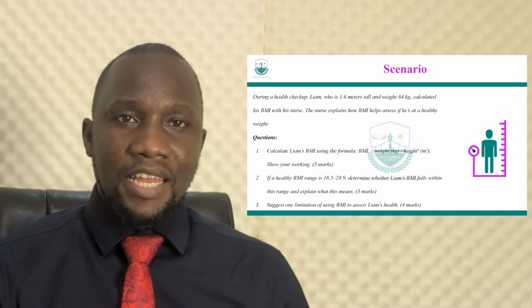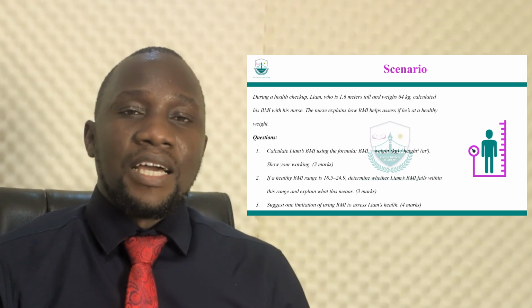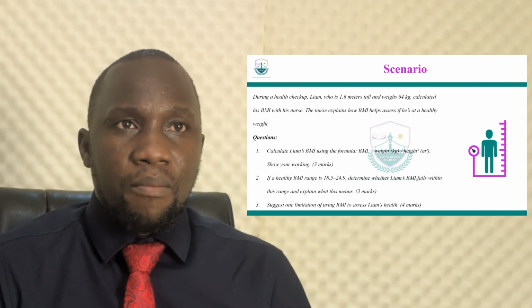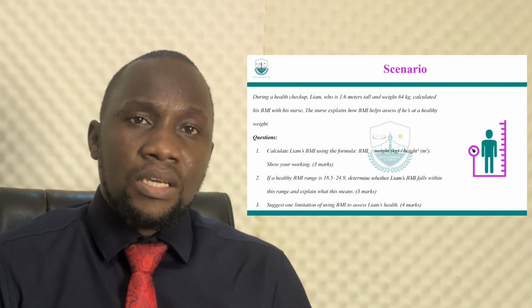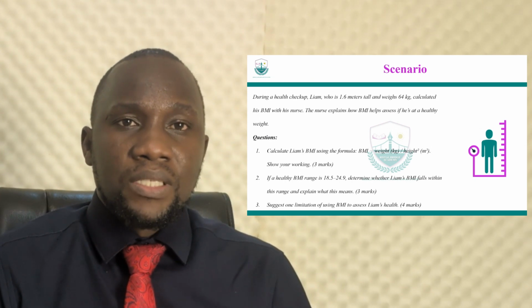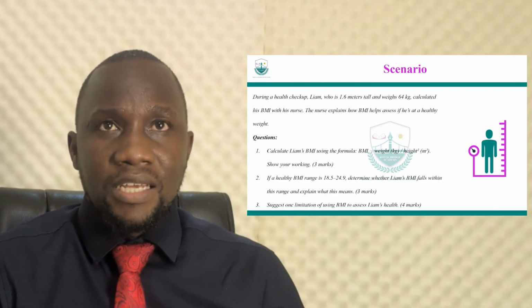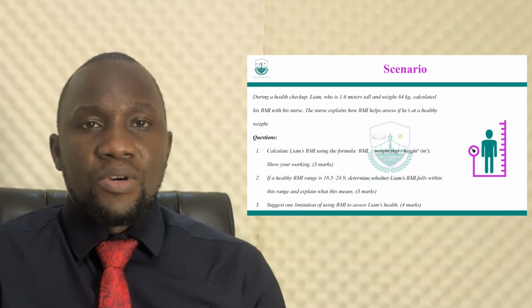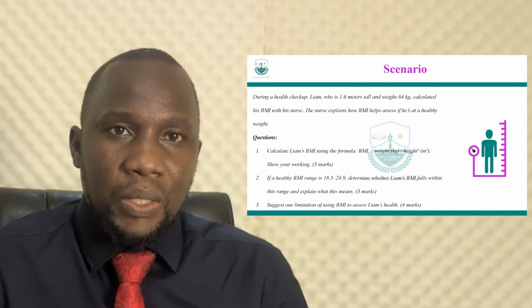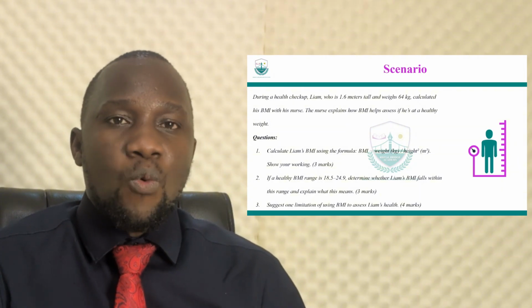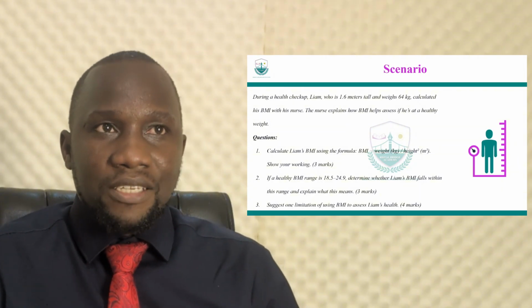How will this nurse determine Liam's body mass index using the body weight in kilograms and the height? She has determined that his body weight is 64 kilograms, and the height is 1.6 meters.